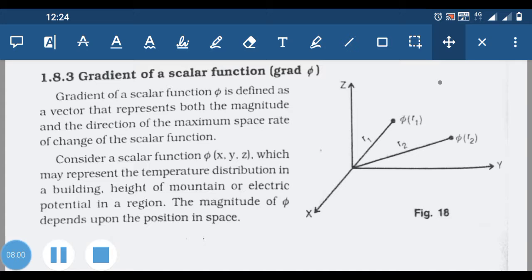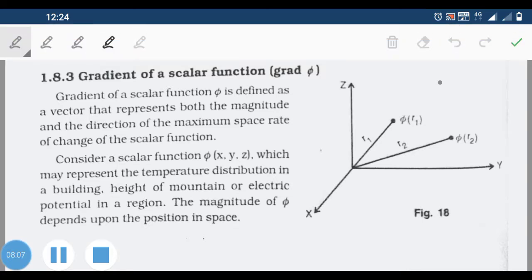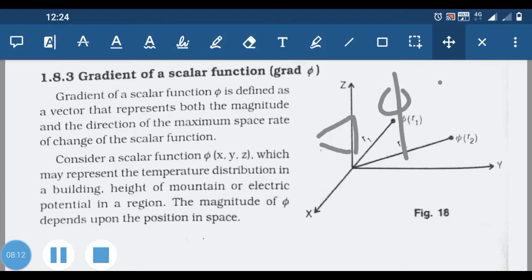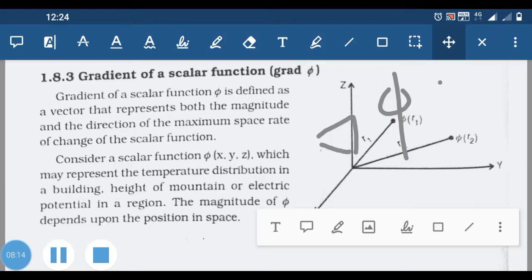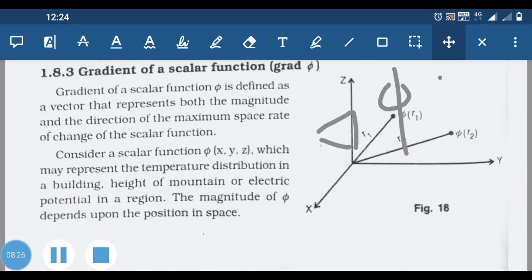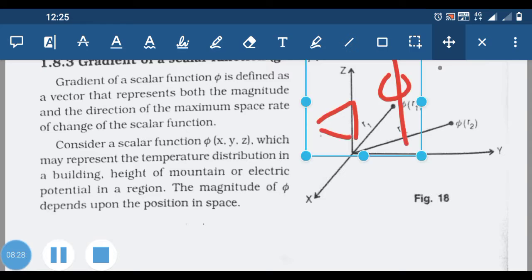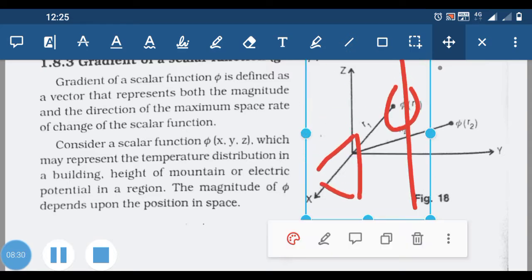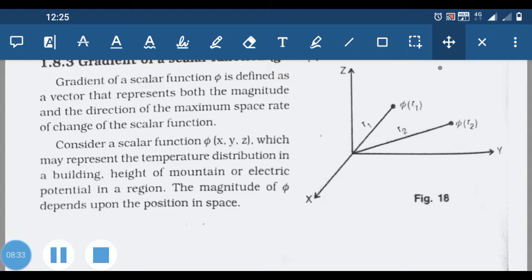The first one is the gradient of a scalar function. It is represented as grad phi, and the symbol used is like this. This is grad phi.